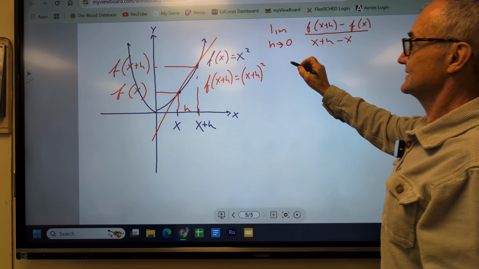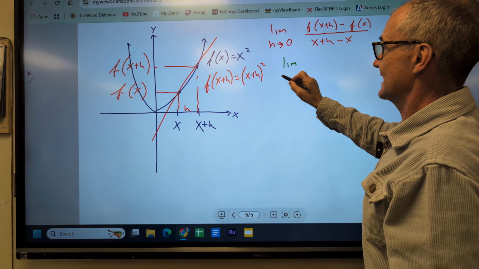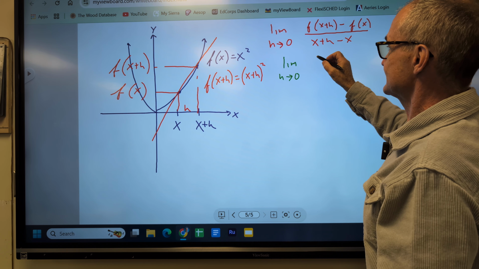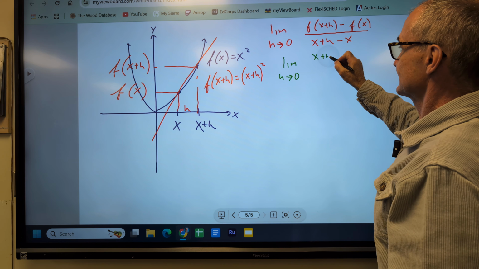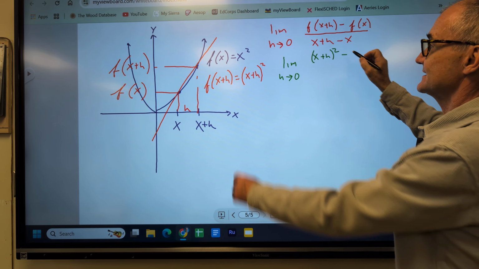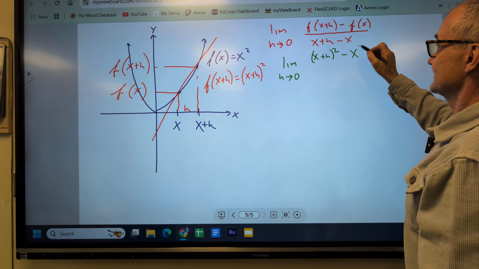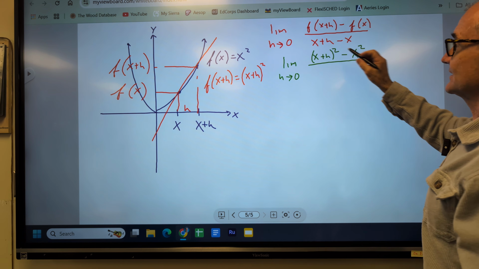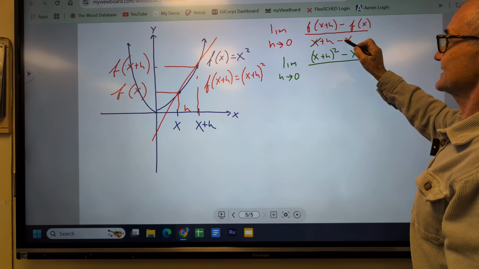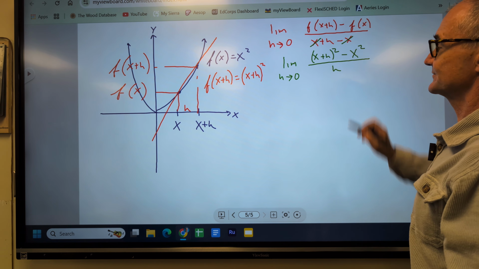So it is still a limit as h approaches 0. I have x plus h squared minus x squared all over x plus h minus x. My x's cancel, and I have an h on the bottom.